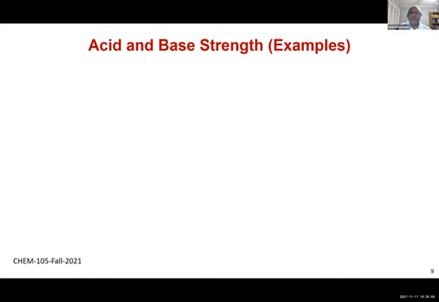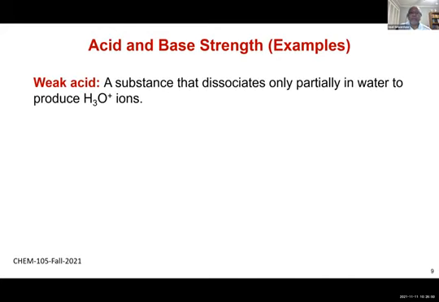So that's how you identify strong acids and bases compared to the list, 6 acids and 6 bases. If they are one of them, they are strong. If they are not found on the list, that's a weak acid or base.